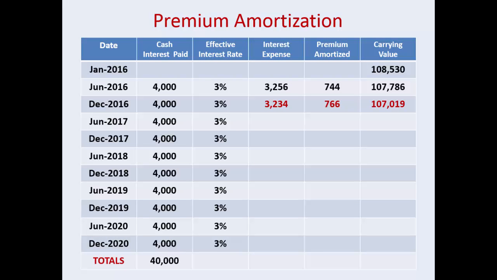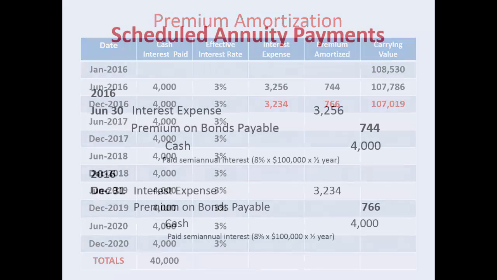First year premium amortized $744, but the carrying value is changing, so how much premium is amortized changes. $4,000 stays the same, but the carrying value is decreased, so multiplying the decreased amount by 3%, you have a lower interest expense every year.